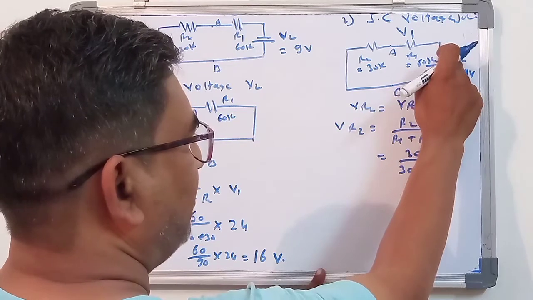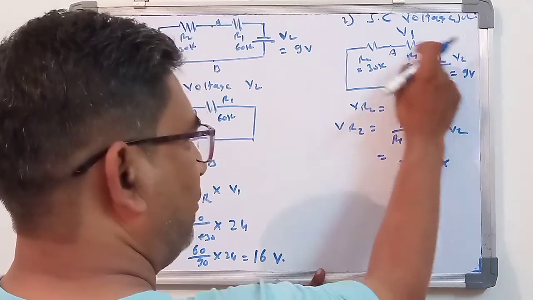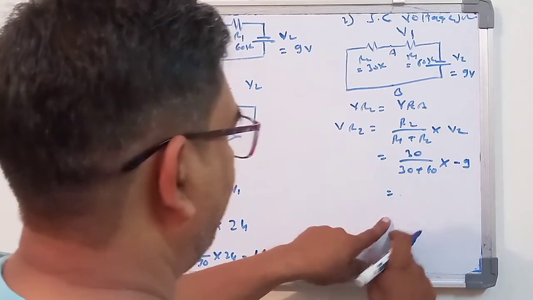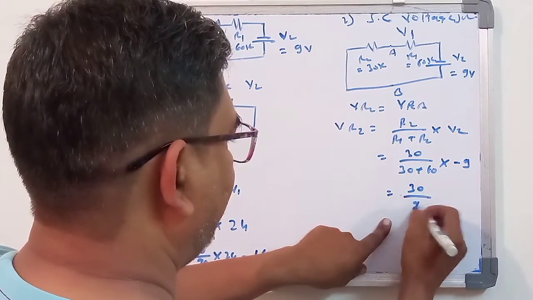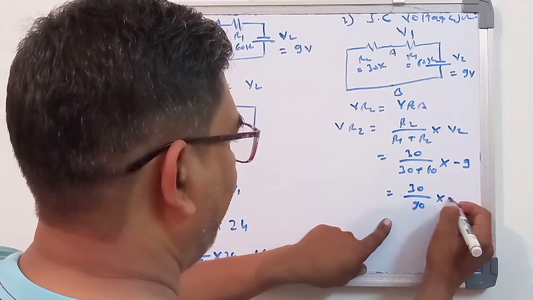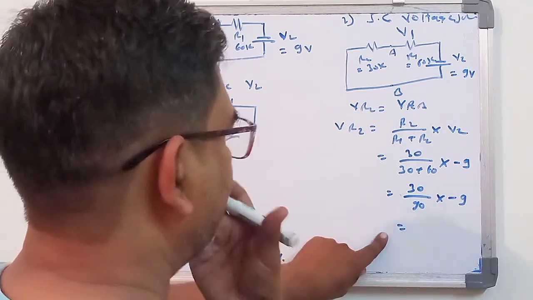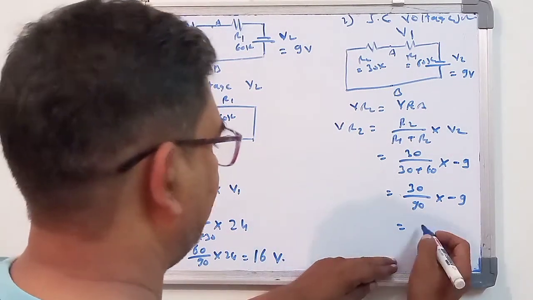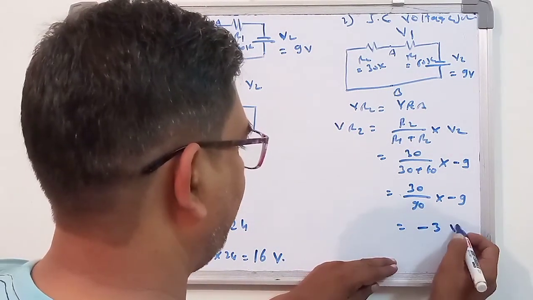Here the minus value has been assigned to you because the loop will look like this. So minus 9, 30 divided by 90 multiplied by 9, what will you be getting? You will be getting minus 3 volt.